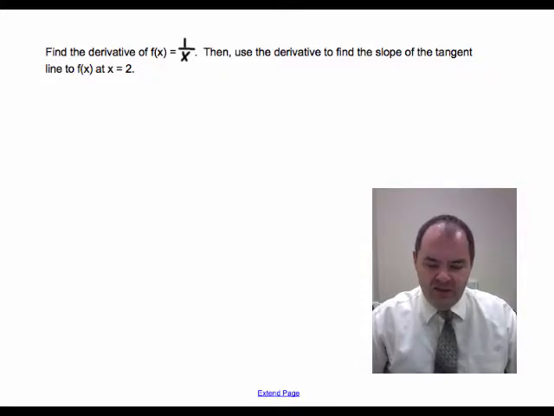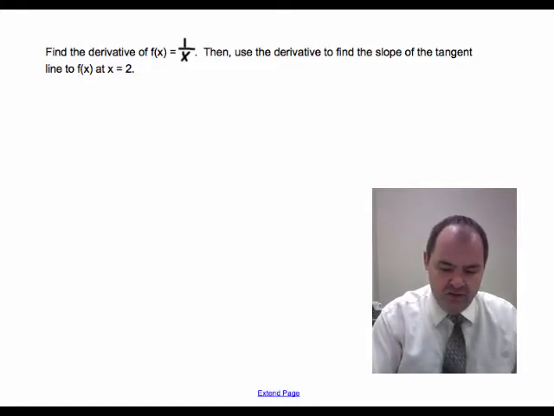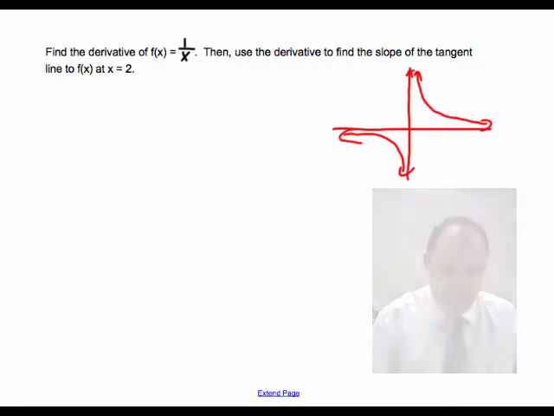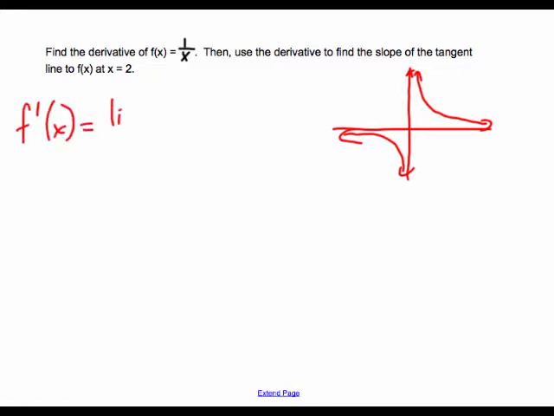Alright, let's use the definition of the derivative that we've just discussed to find the derivative of a specific function, 1 over x, which we know looks something like that. And so what we want is the slope of the tangent line at any point, which is the derivative, f prime of x. And as we set it up, limit as h approaches 0 of f of x plus h minus f of x all over h.